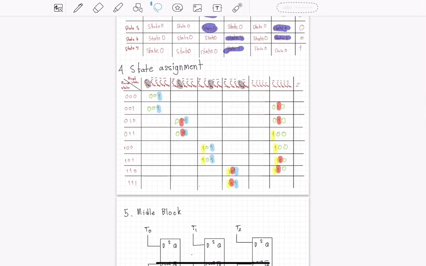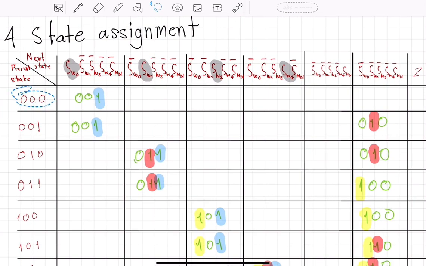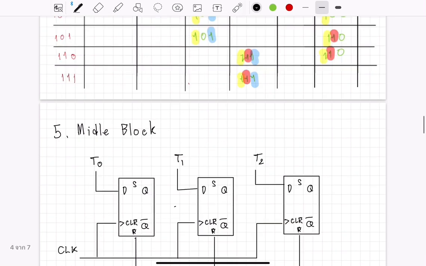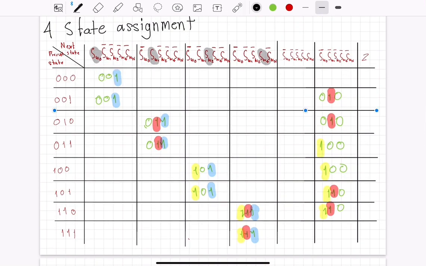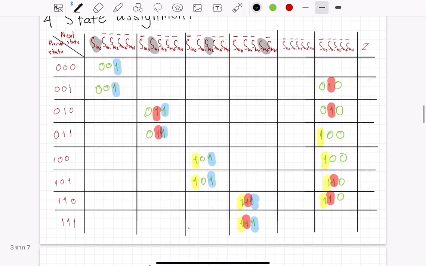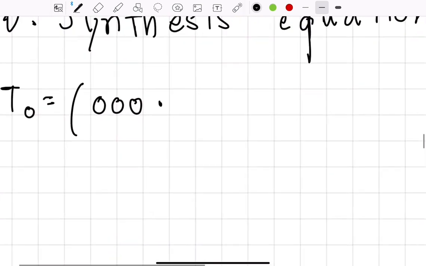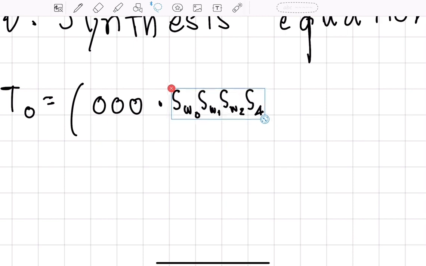T0 equation has present state and next state. Okay, next T0 is 0, and where T0 is 1, put next state switch 0. That's right.